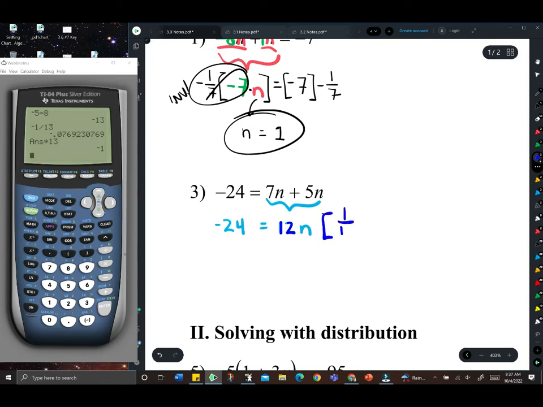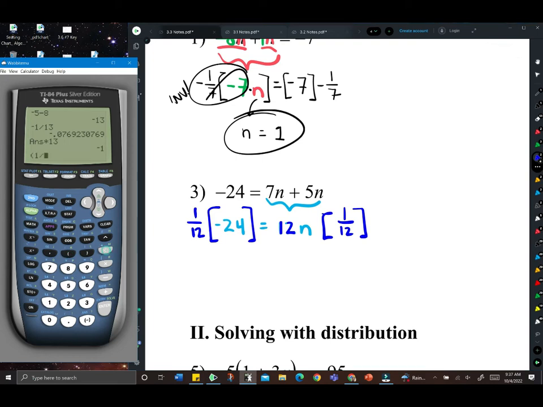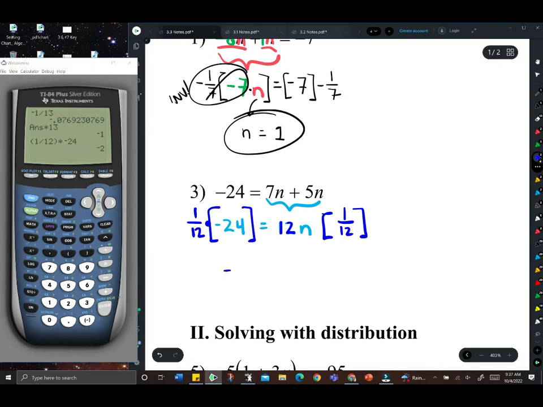So we're going to multiply by the inverse, 1/12. If you do this in the calculator, make sure you put the fraction in parentheses. Times negative 24. Remember, it's multiplication, which is negative 2. And that's going to equal n.